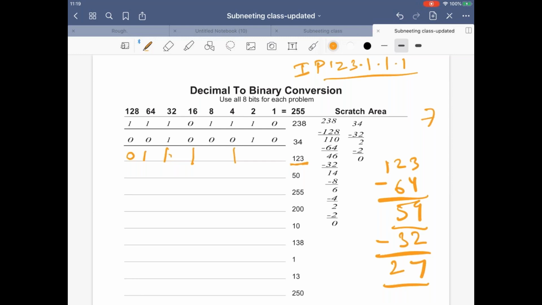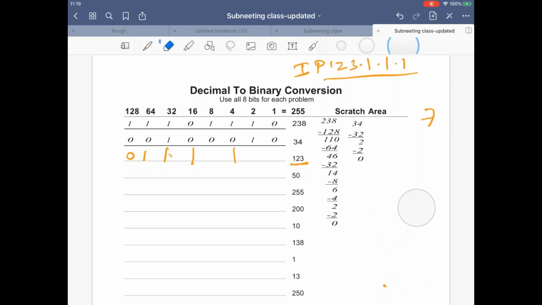Okay, let's do one more time. 123, so this will be 0, because 123 is less than 128. Correct? After that, 64.